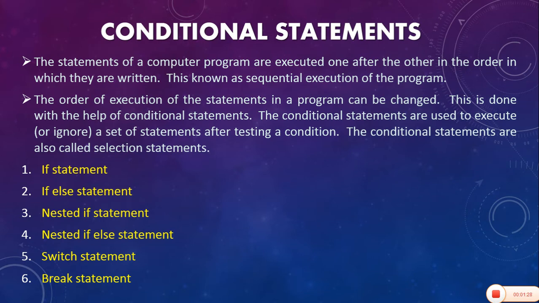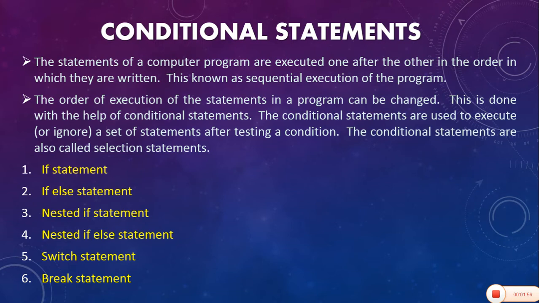The order of execution of statements in a program can be changed. This is done with the help of conditional statements. The conditional statements are used to execute a set of statements, or to ignore a set of statements after testing that condition. The conditional statements are also called the selection statements.